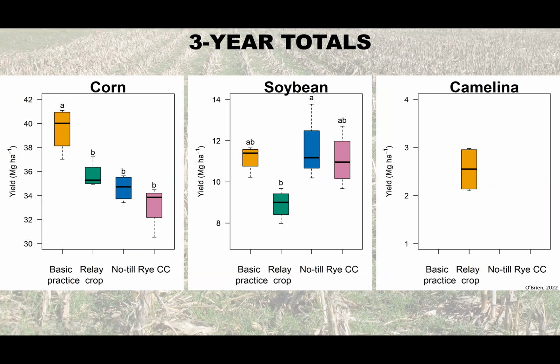The Camelina, that's average again, 3 years of production. Now I will say, if you consider the soybean production and the Camelina production as one unit, since we're growing it as a relay crop, then if you add those two, grain and oilseed production together, economically, maybe we are doing okay compared to the other systems. I don't know, we haven't run any economics on this yet.